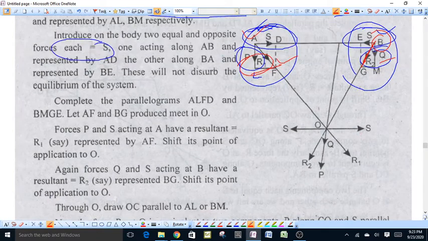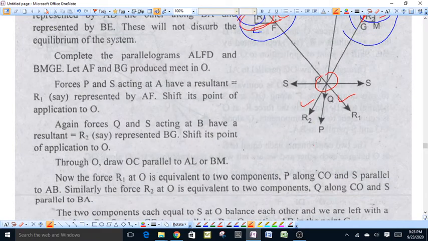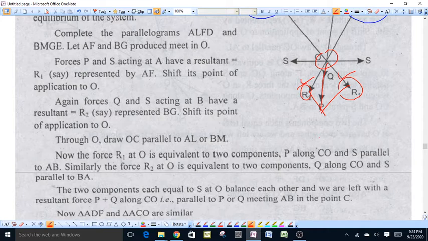Now we shift these two forces to a point O. This is the R1 force and this is the R2 force, and their resultant, if we complete this parallelogram, will be the diagonal of this parallelogram, which is equal to P plus Q, that is R1 plus R2.